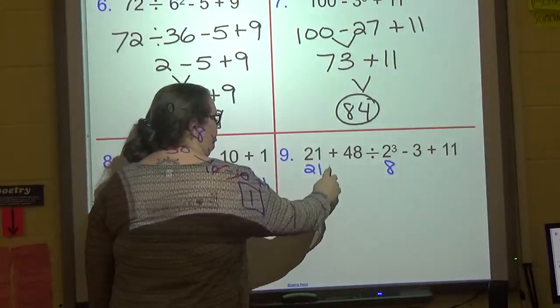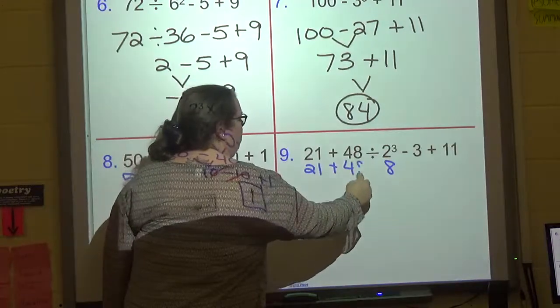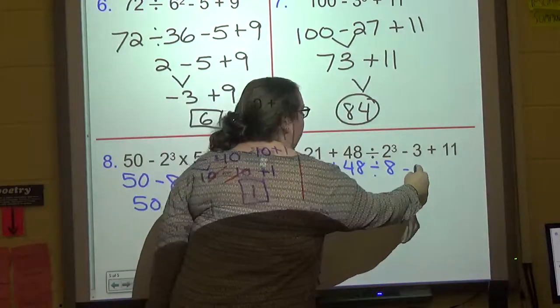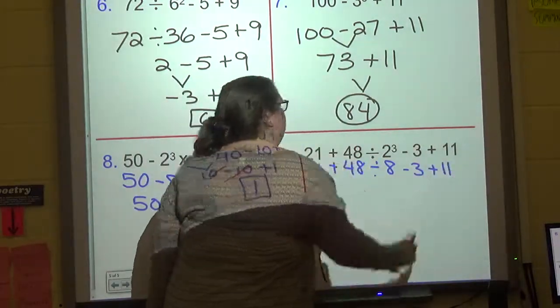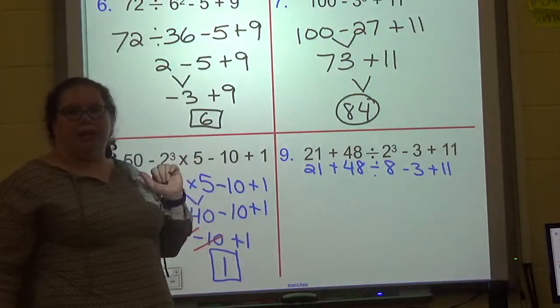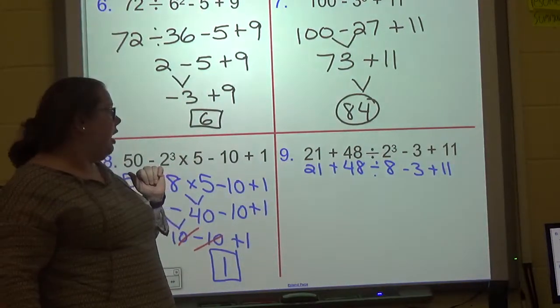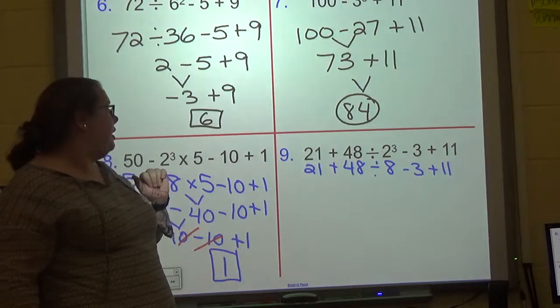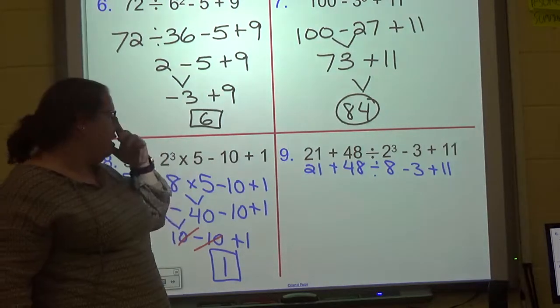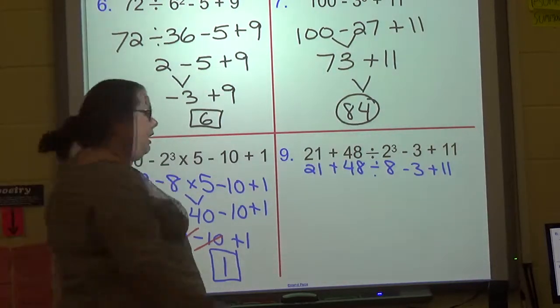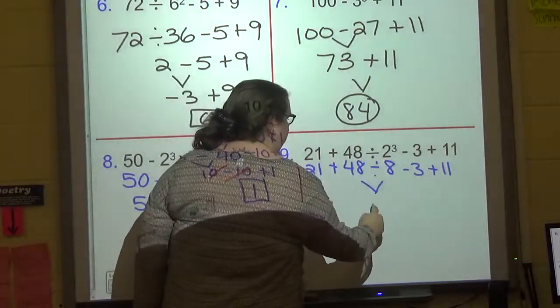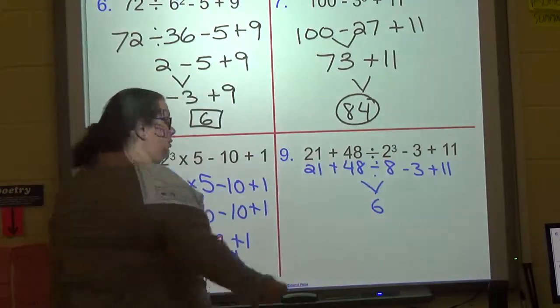Don't overthink it. Now, what's the next one going to be? I see a division. So from left to right, we have to divide. 48 divided by 8 is 6. Bring everything else down.